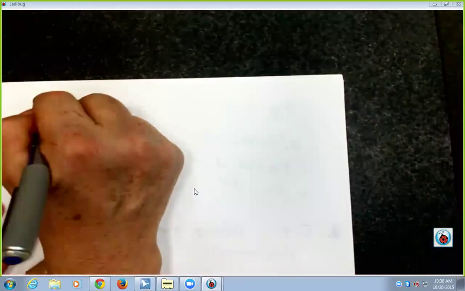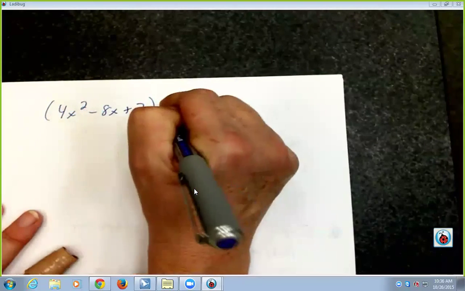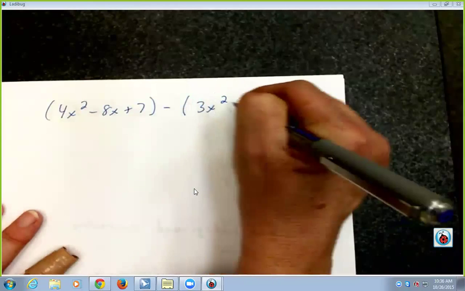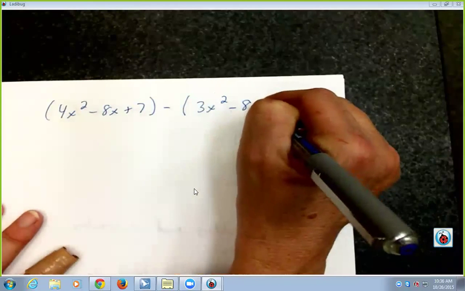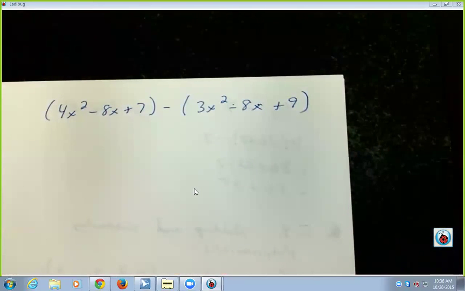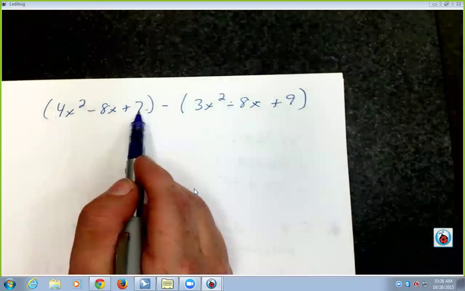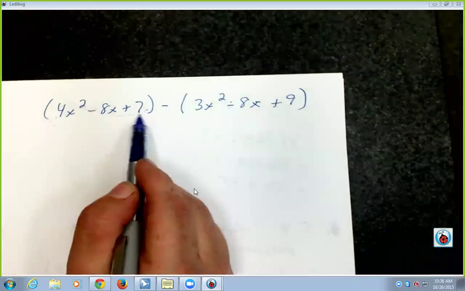Now if we put it together in a subtraction problem, what's going to happen now? So this first piece, does it change? It doesn't. This piece stays exactly as it is.